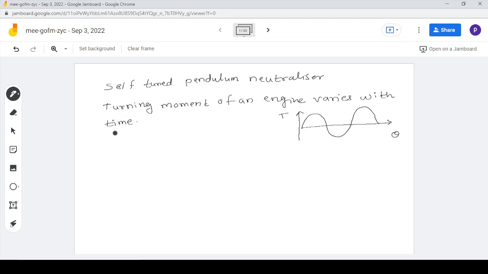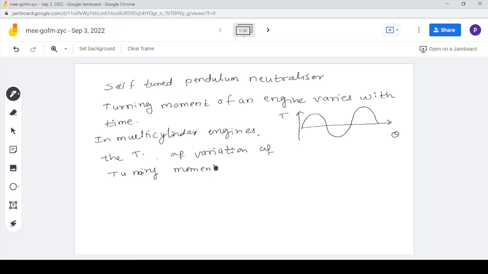Now in multi-cylinder engines, the time period of variation of turning moment depends upon three factors.